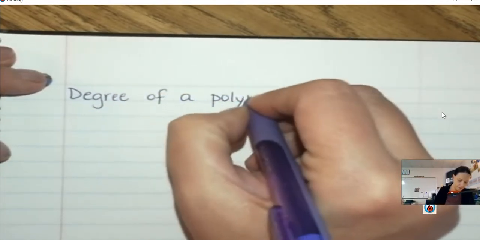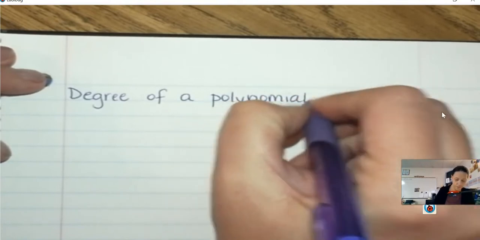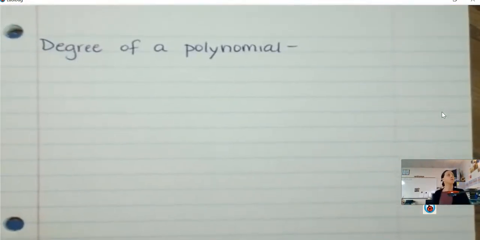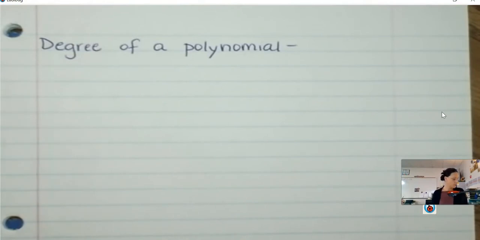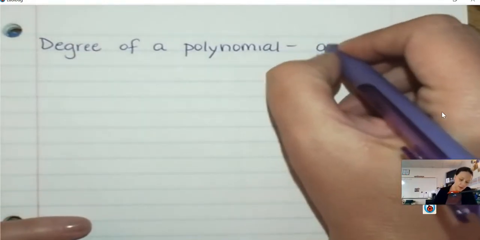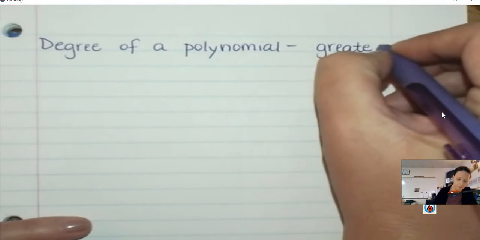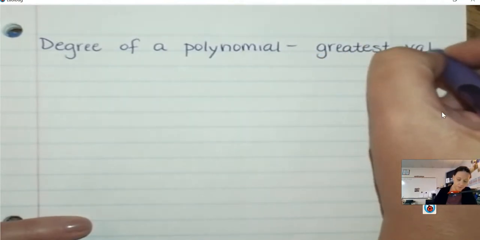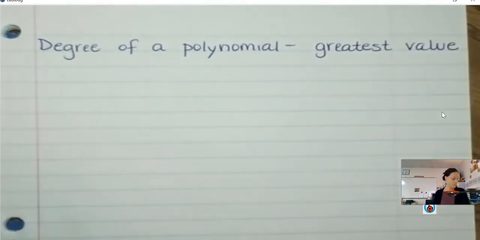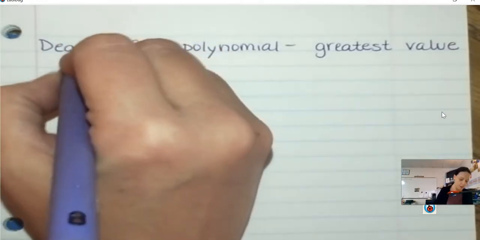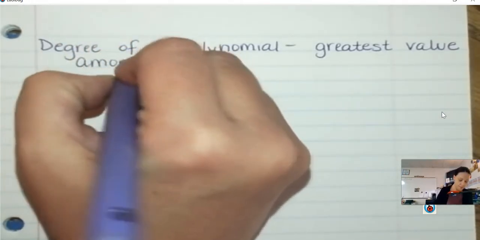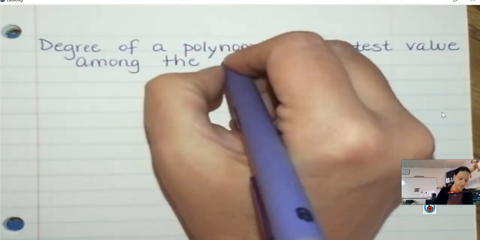Okay, next one is degree of a polynomial. This is the greatest value among the sums. Remember, sum means add.